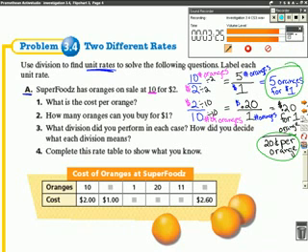All right, so now let's go back to our question. Question number 1. What is the cost per orange? That goes back to the second ratio that we did. So the cost per orange is 20 cents. And you can see our work over here. All right, question number 2.